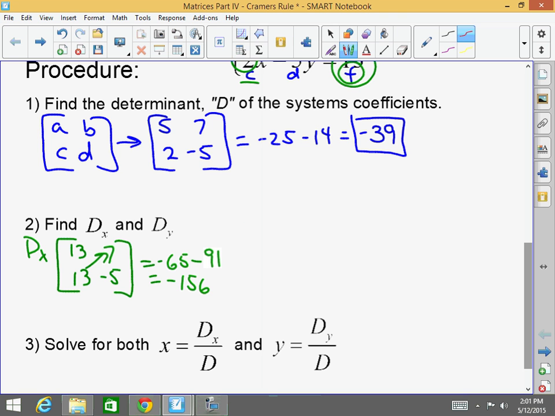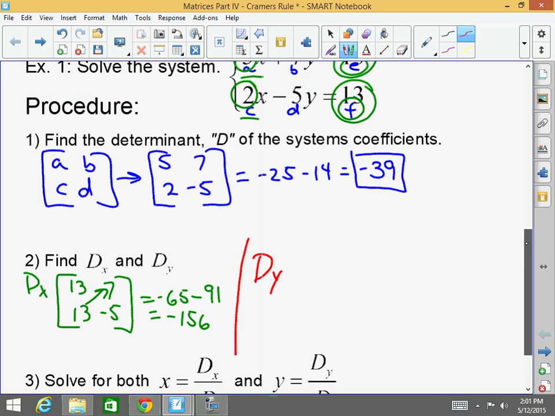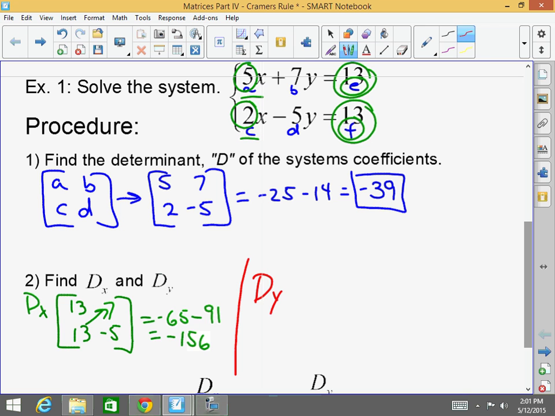Okay. Now let's find dy. Now this time I'm going to remain with my x coefficients, and I'm going to replace my EF with my y coefficients. So what I'm doing now is I'm replacing my EF where the coefficients of y went, and I'm leaving my x coefficients.